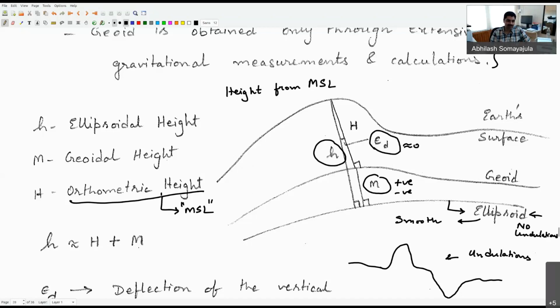So this is extra information we are just adding here to understand that such a concept exists. An orthometric height exists, and that is usually taken from the mean sea level, and that mean sea level doesn't actually coincide with our ellipsoid. Our ellipsoid is a smooth approximation of the Earth, but that does not necessarily mean that's where the Earth's surface is.